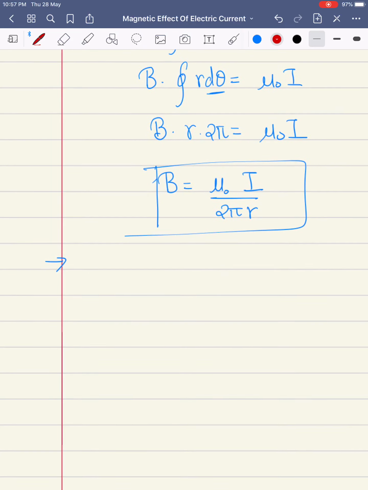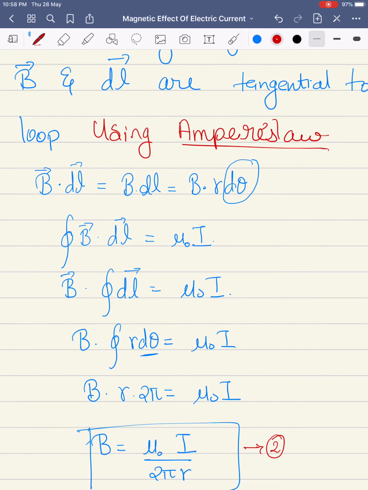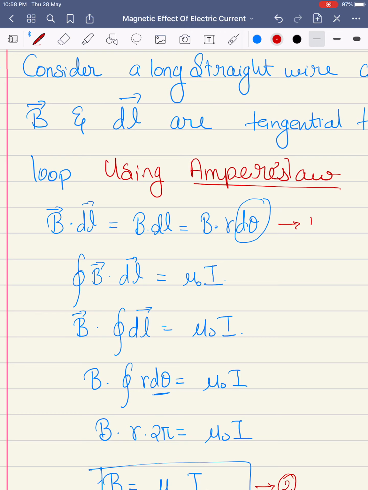Okay, so what I can say is, let's say this is our equation number 2 and this is my equation number 1.